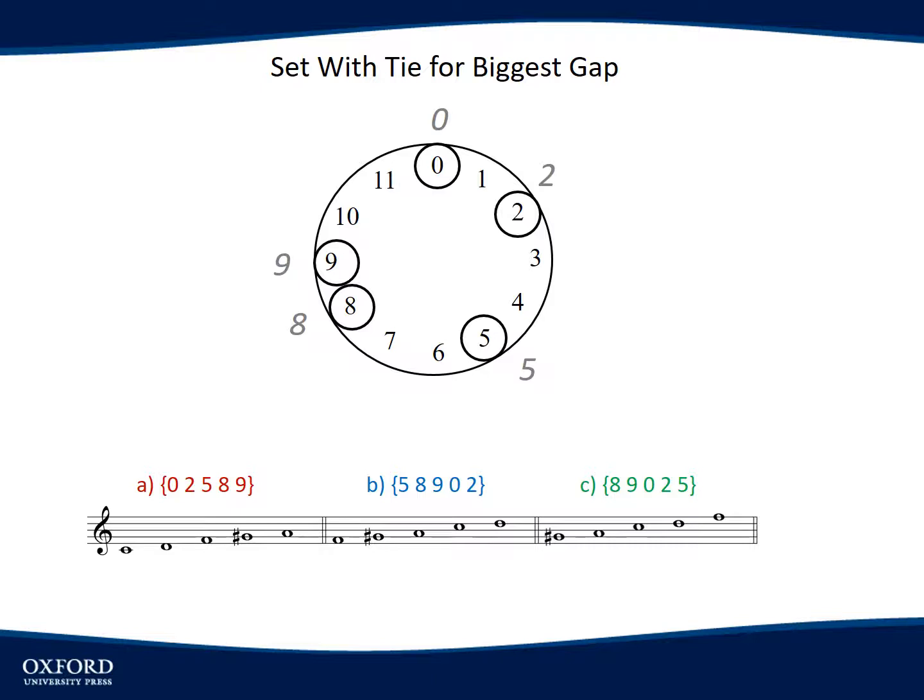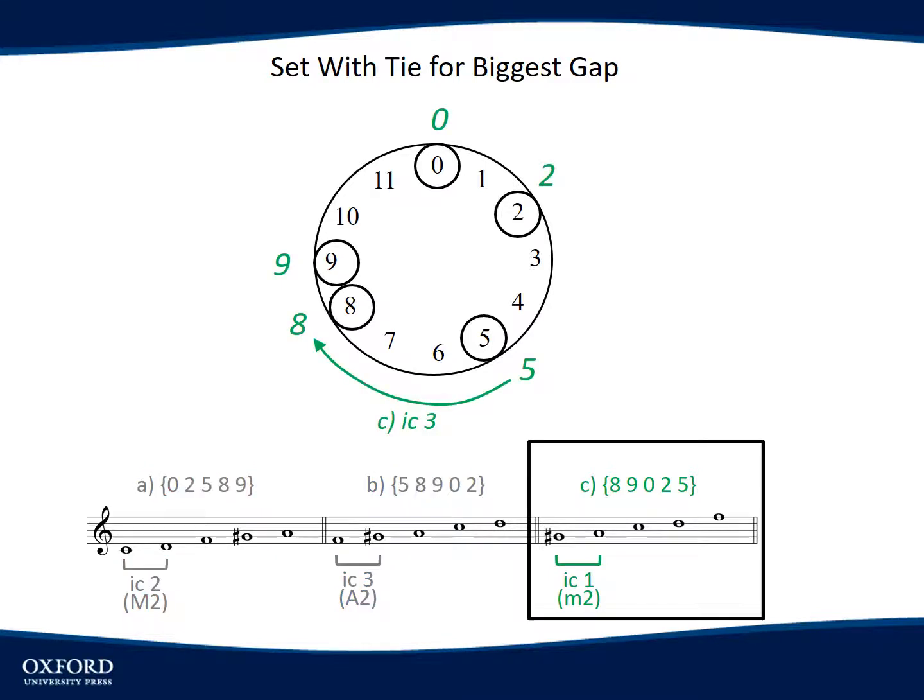We'll start by analyzing the intervals between the first two notes of each one. In A, it's a major second, or 2 half steps. In B, it's an augmented second, interval class 3, and in C, it's just 1 half step.